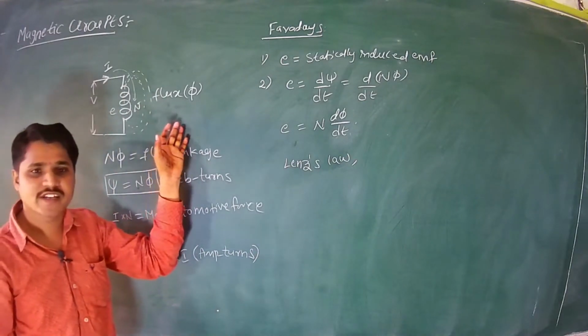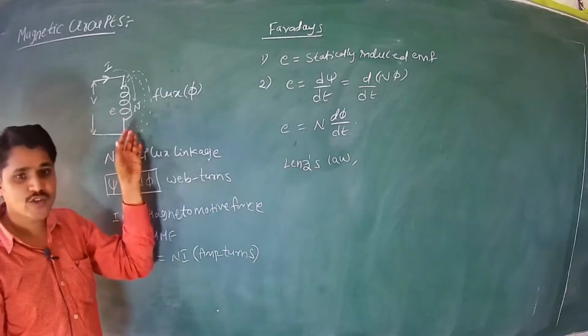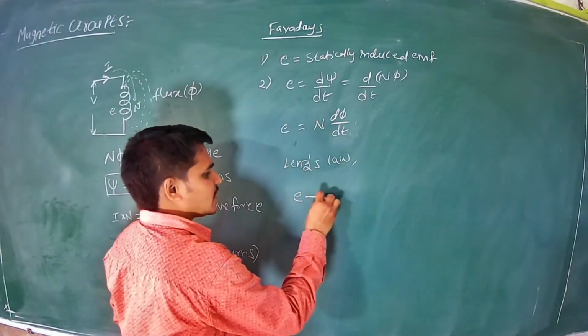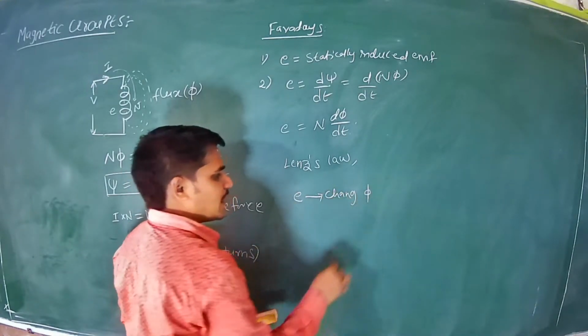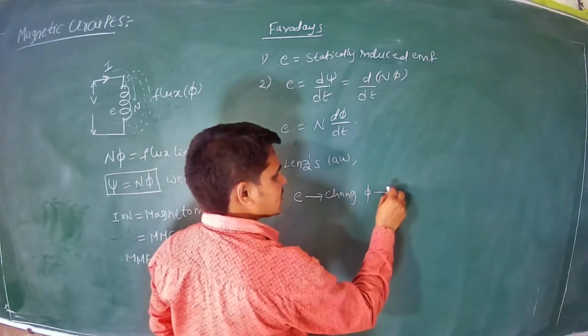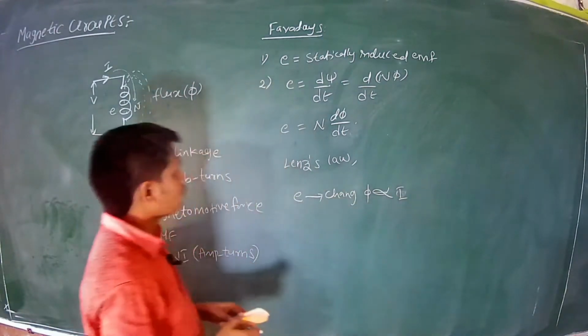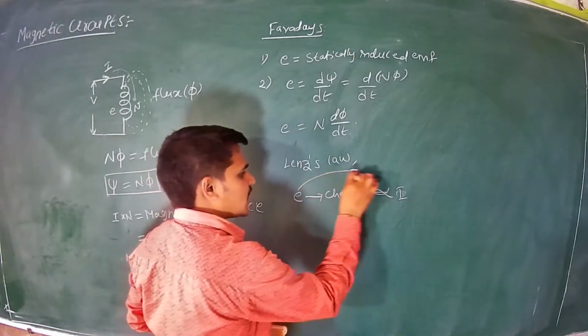So what is the cause producing it? The change in flux. That means this induced EMF is due to the change in flux. But this flux is due to the current flowing through this coil. That means this induced EMF must oppose the current.